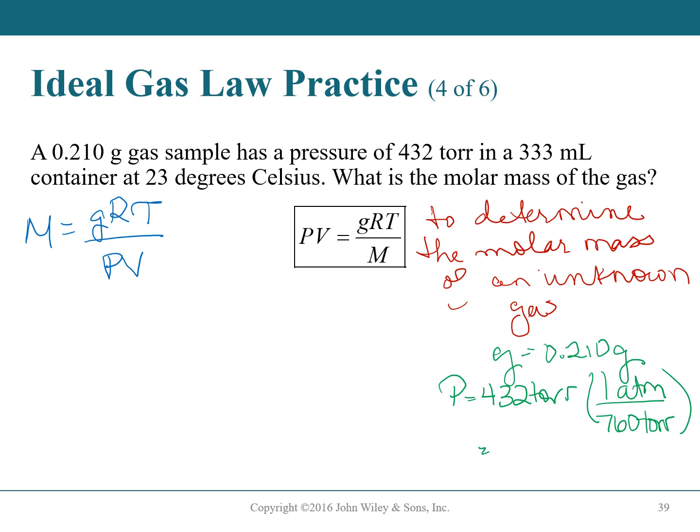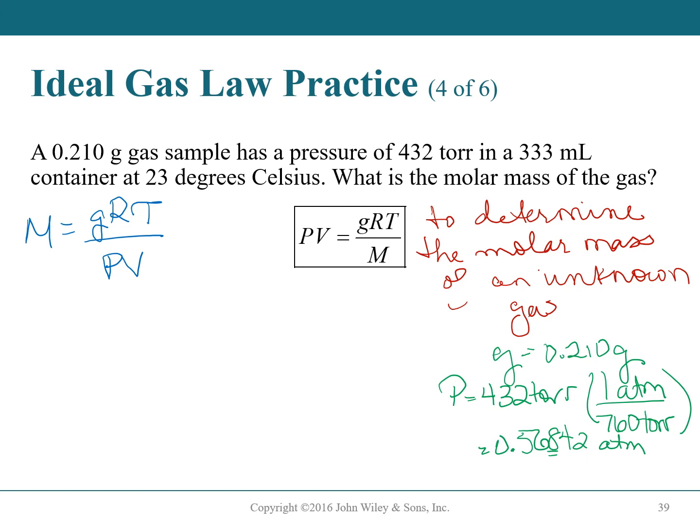So our pressure is 432 divided by 760, and I get something like 0.56842 atmospheres. And this is 3 significant figures.